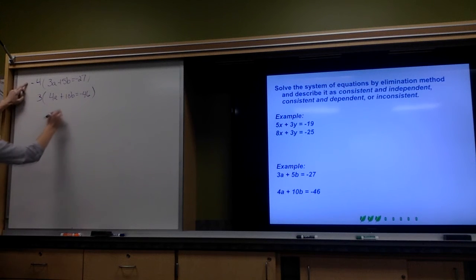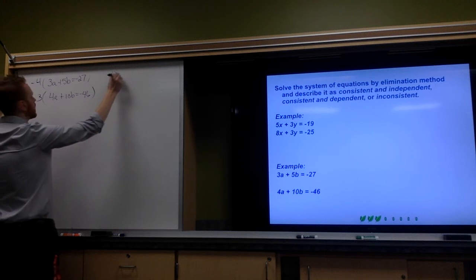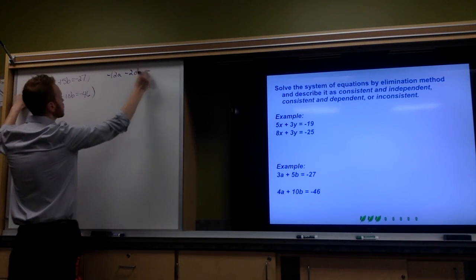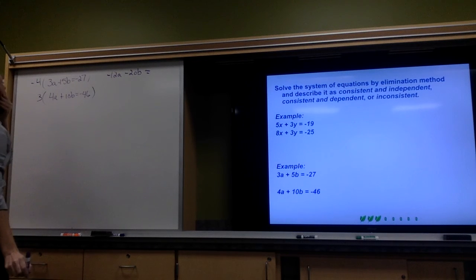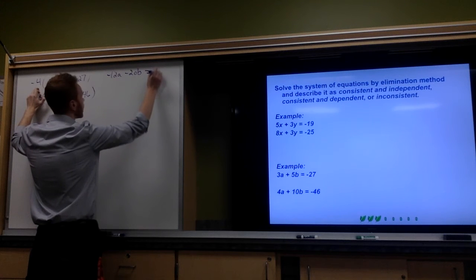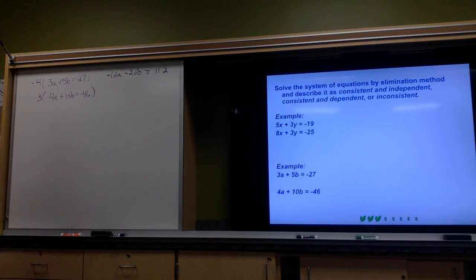The top is going to be what? -12a minus 20b would be equal to 8... a positive, what, 112? Am I right with that?